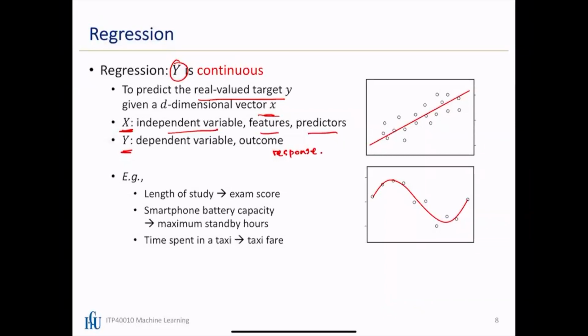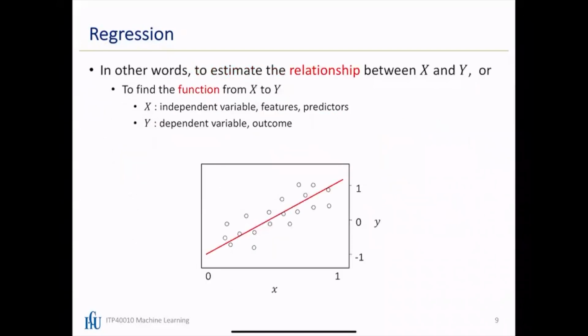We can imagine there could be some relationship, like length of study related to the exam score, smartphone battery capacity related to maximum standby hours, and time spent in a cab linked to the fare that you need to pay at the end of the travel. This kind of relationship can be depicted in terms of some function that looks like a line or some curvature like this. In other words, estimating the relationship between X and Y is what we are doing in a regression problem.